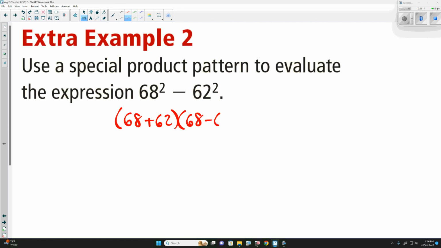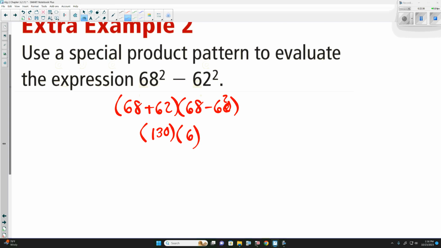All right, 68 plus 62, 68 minus 62. Well, what's 68 plus 62? 130. 68 minus 62 is 6.